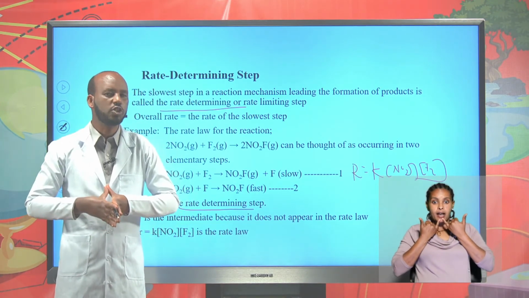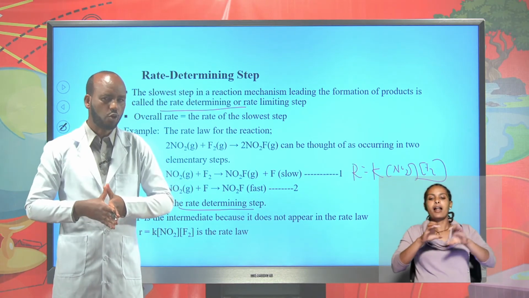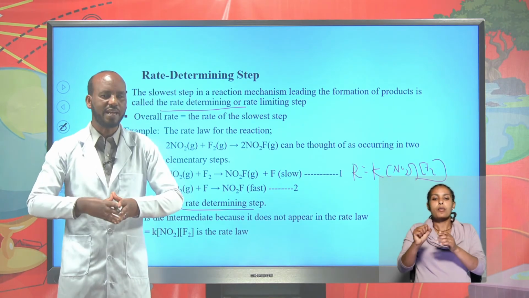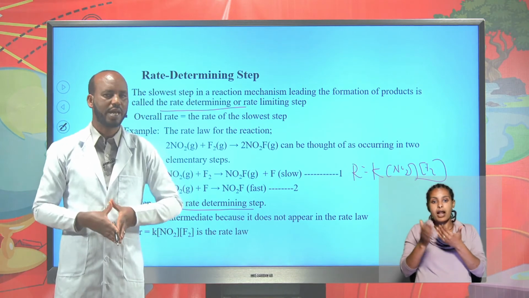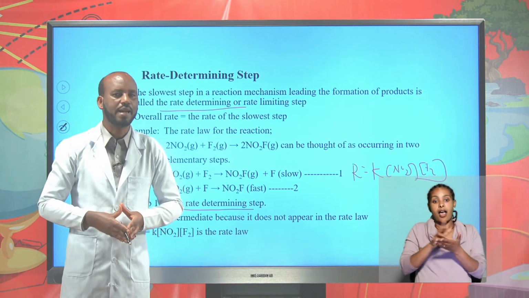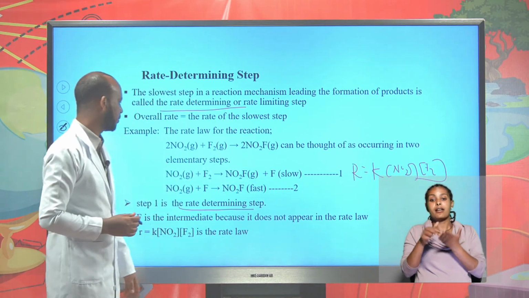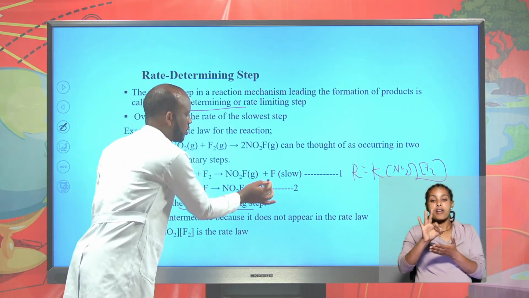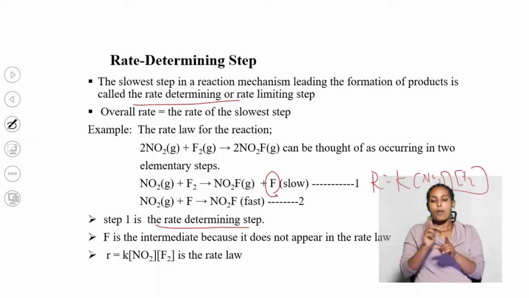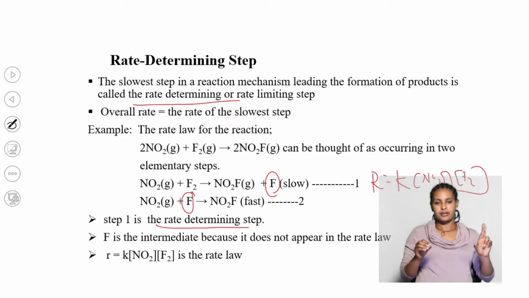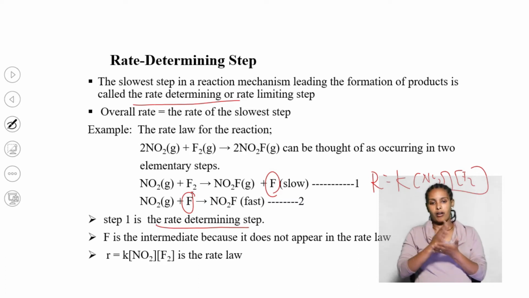Intermediates are chemical species that occur as a product in one elementary reaction and act as a reactant in another elementary reaction. If you look at this reaction, F appears here as a product and here acts as a reactant. Intermediates do not appear in the overall reaction.